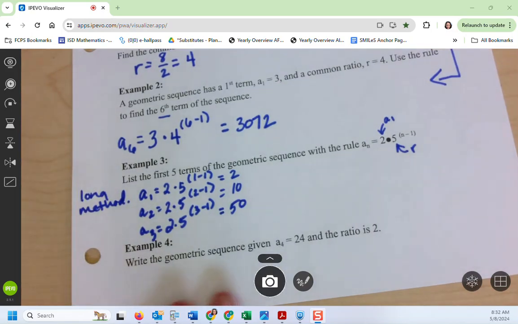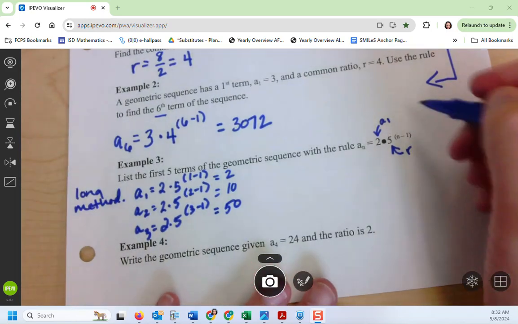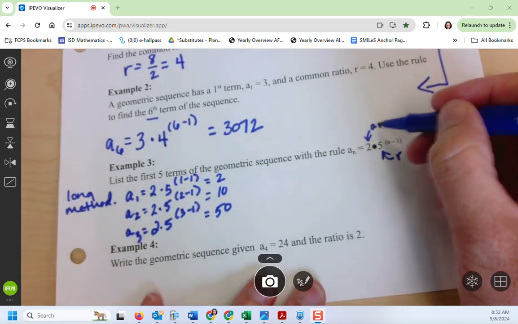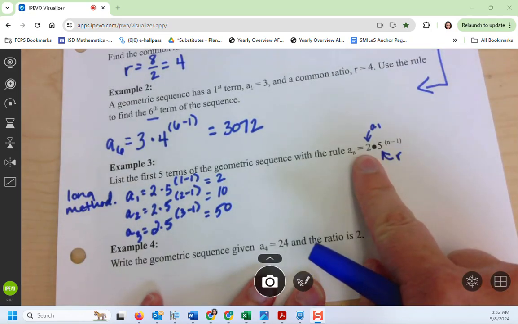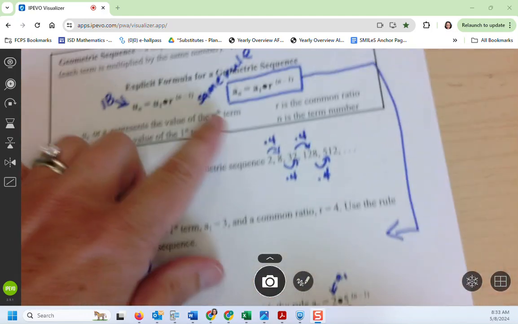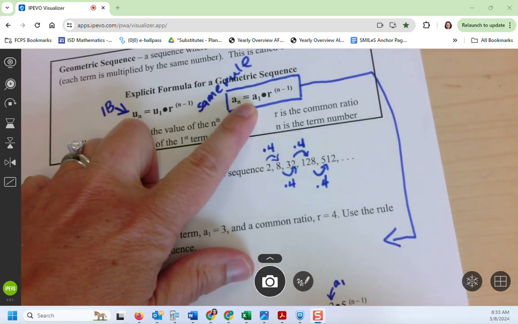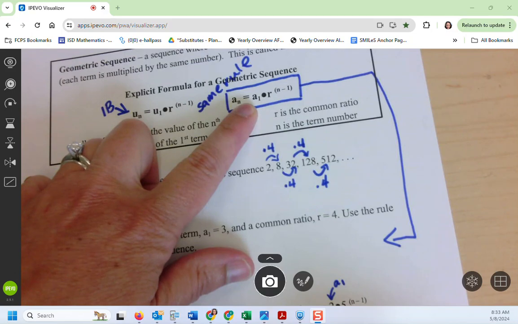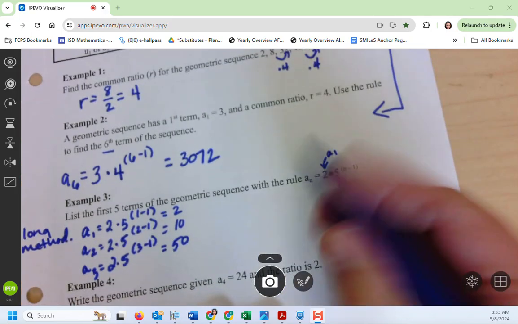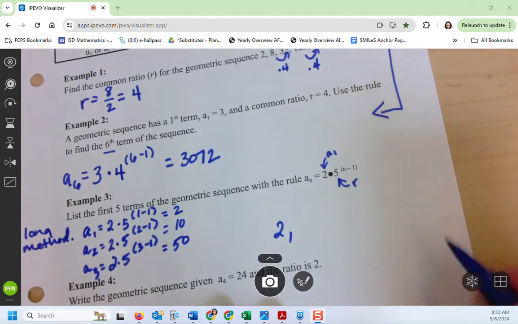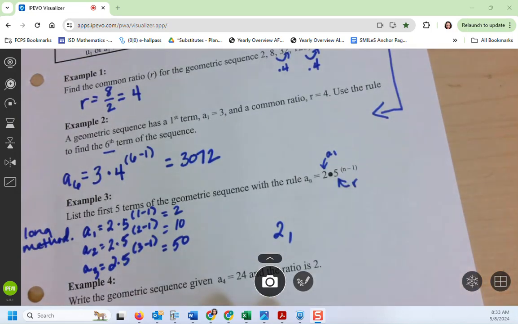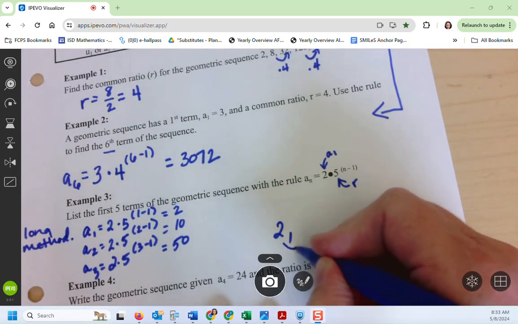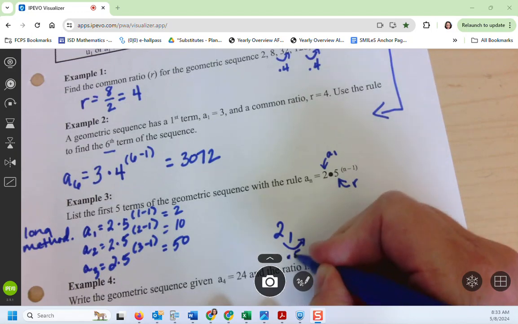But another way of doing it is to realize that your first term is 2. And the reason I know my first term is 2 is because it's right here in the formula. And the formula says that is A sub 1. So that is your first number. So the other way to do it is say my first number is 2. And then since R is 5, to get the next number, you do times 5. So I do times 5 to get 10.